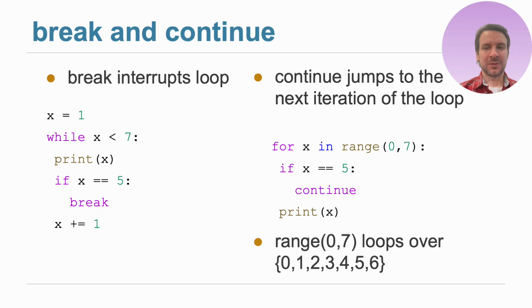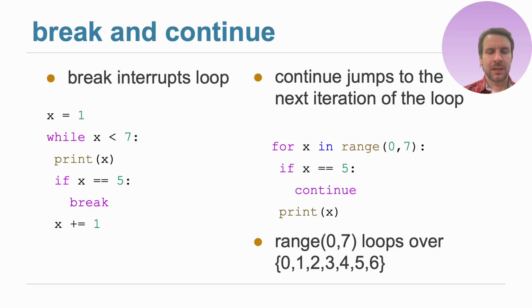Break and continue are ways you can control how the loop runs a little bit better or more precisely. So here is the first one, break. If you put it somewhere in the loop, then the moment the break is encountered, the loop execution is stopped and the program continues in the block after the loop.